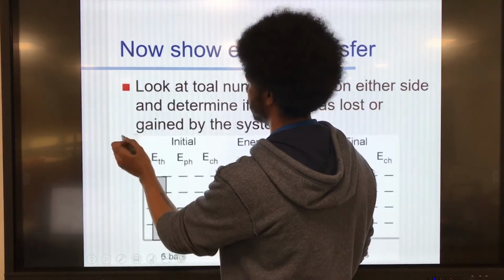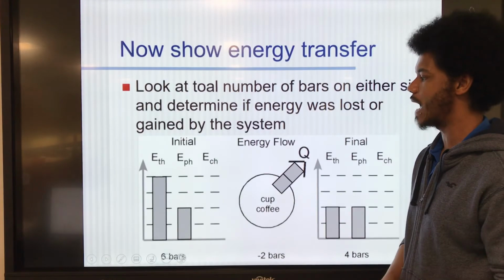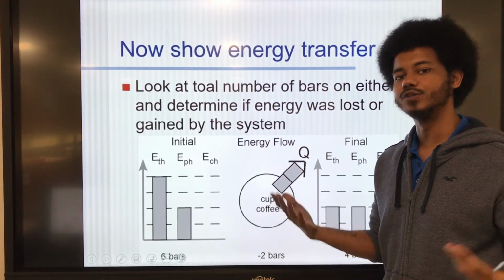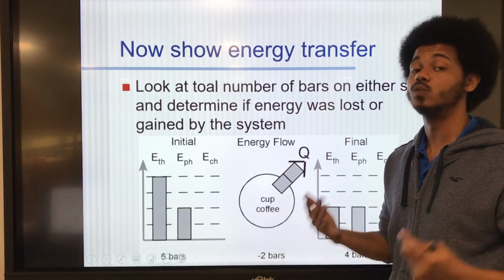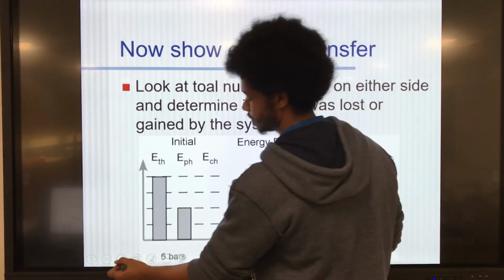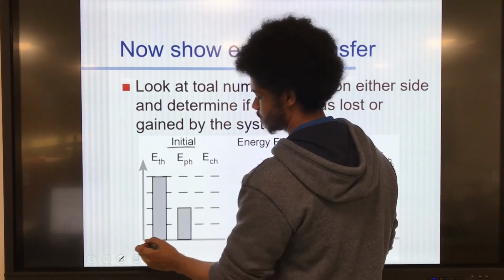There's one more thing that we've got to do. We total up the number of bars on either side, and then we see which side has more. Initially, we have 6 bars of energy.